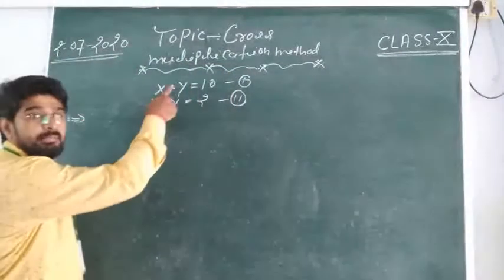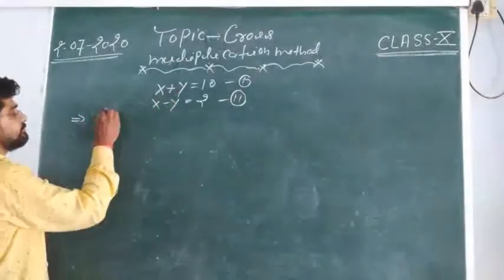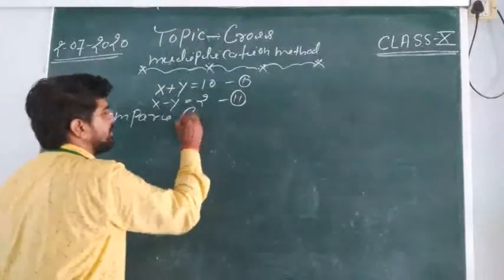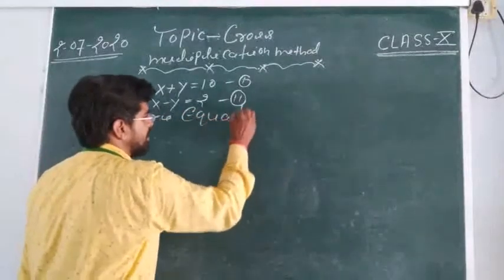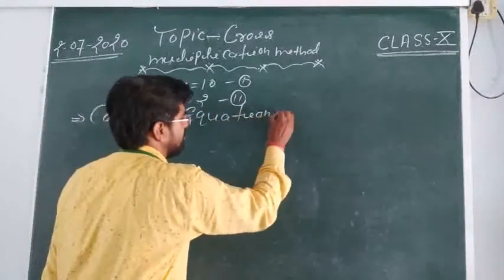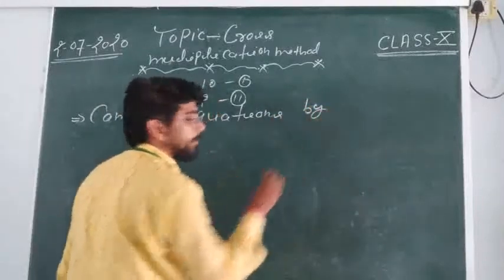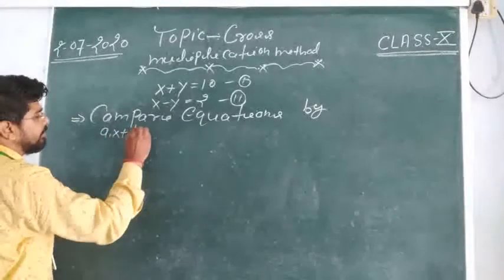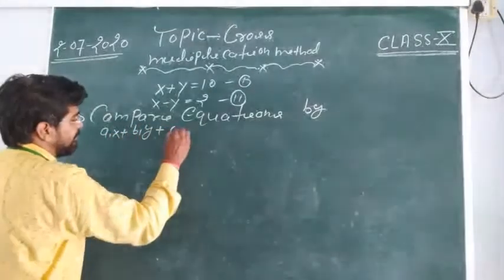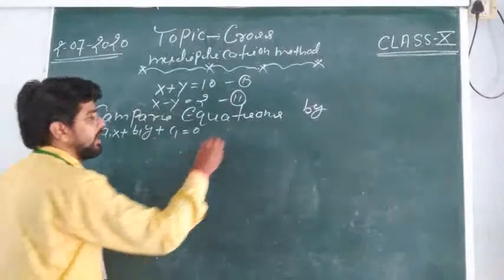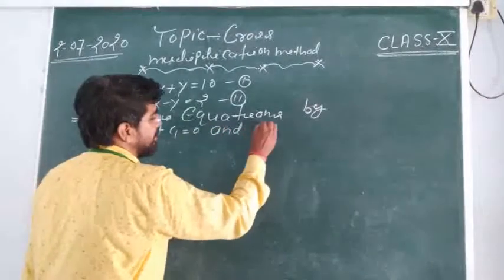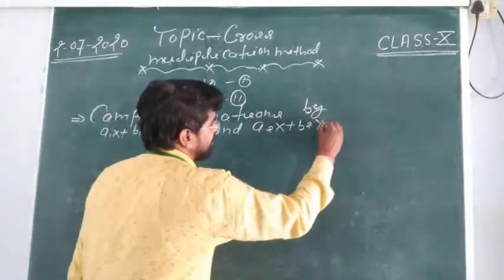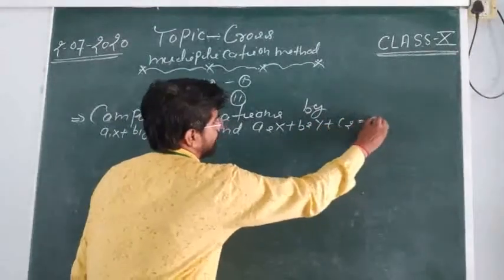See, firstly we will compare both equations with a1x plus b1y plus c1 is equal to 0 and a2x plus b2y plus c2 is equal to 0.